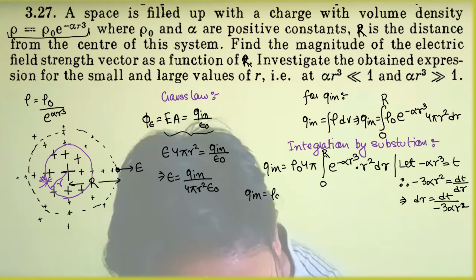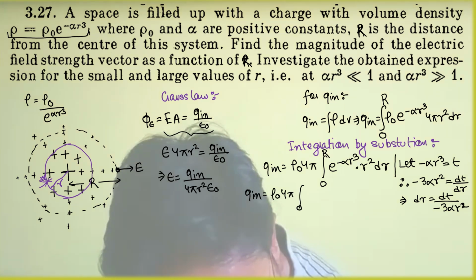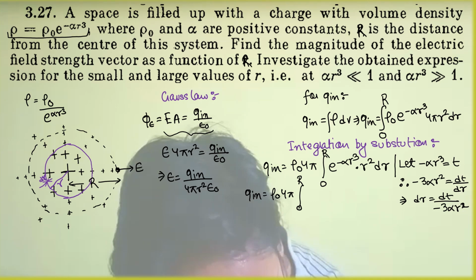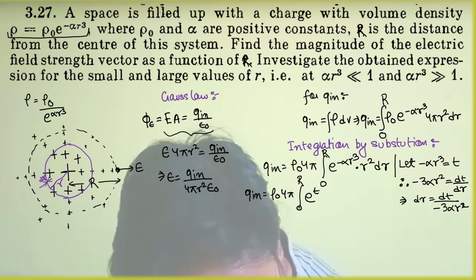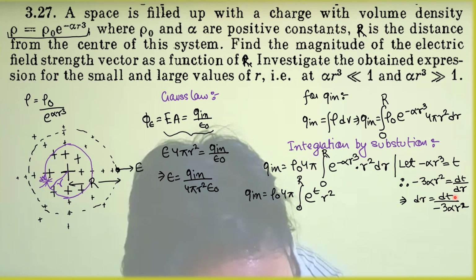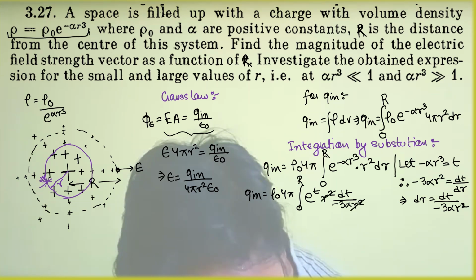So q inside is rho naught 4 pi, integral from 0 to r, e to the power minus alpha r cube, which is given by t. So e to the power t into r square into dr. Dr is given by dt by minus 3 alpha r square. So r square and r square get cancelled.